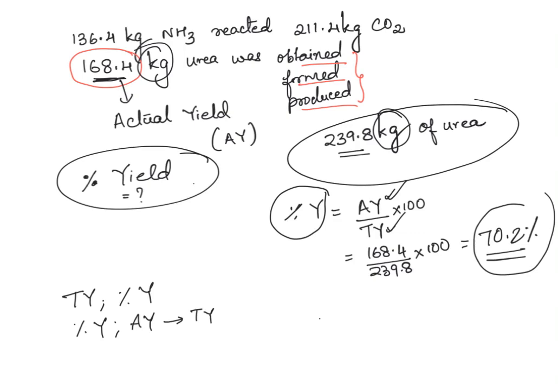Now another important thing about this question is that we got 239.8 kilograms of urea from 136.4 kilograms of ammonia.